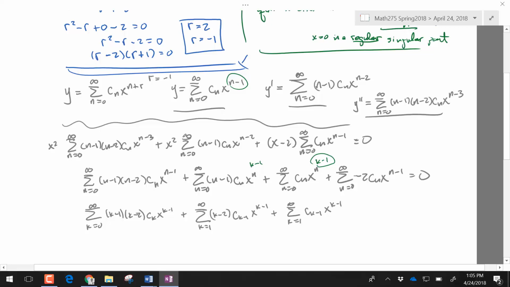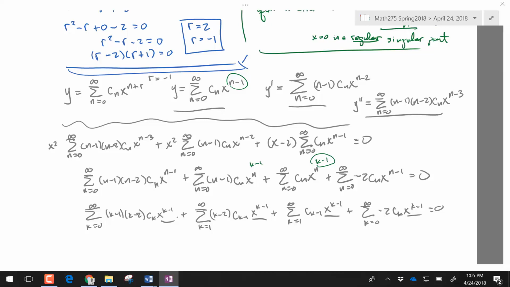So the third one is going to be c sub k minus 1, x to the k minus 1. And then the last one will remain the same. Now everything is of the power x to the k minus 1. A couple of the series start with a 0.